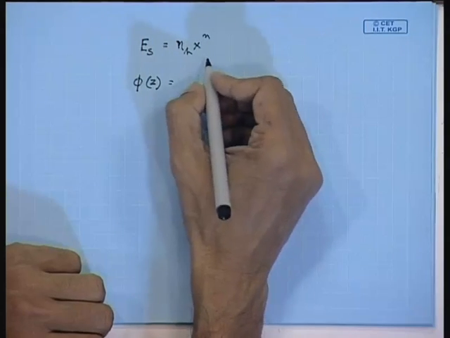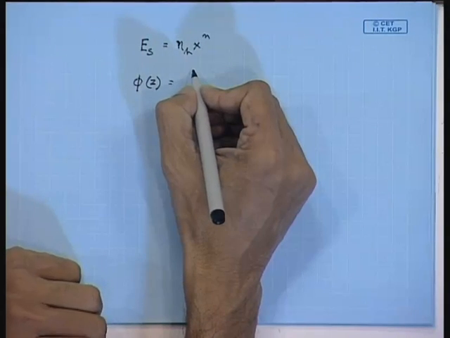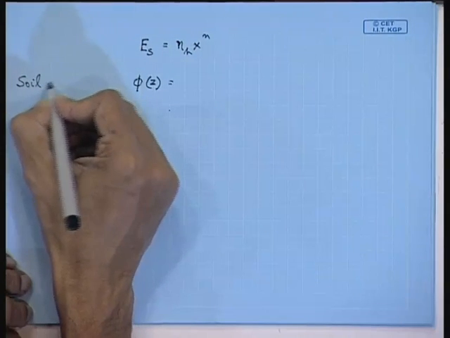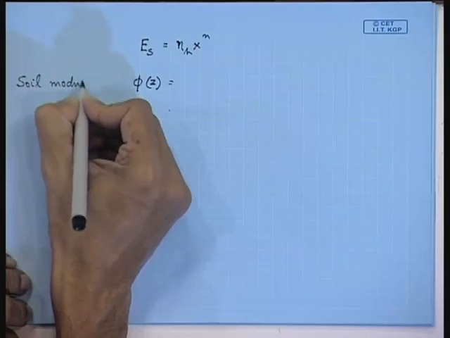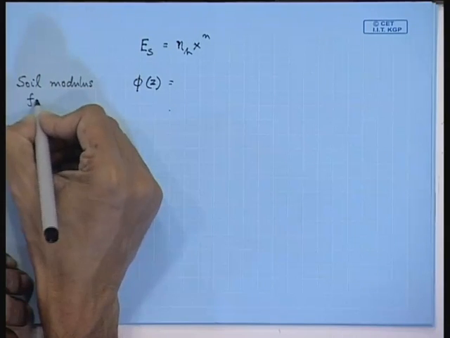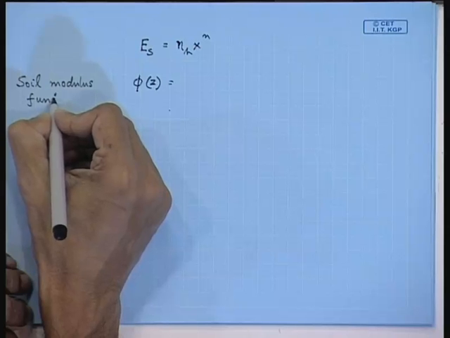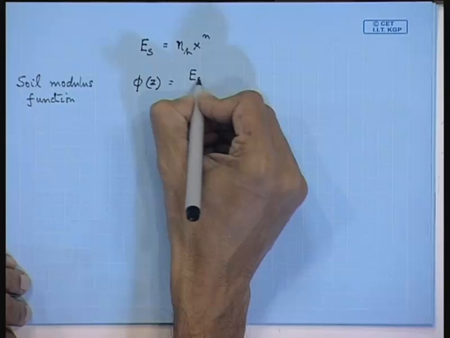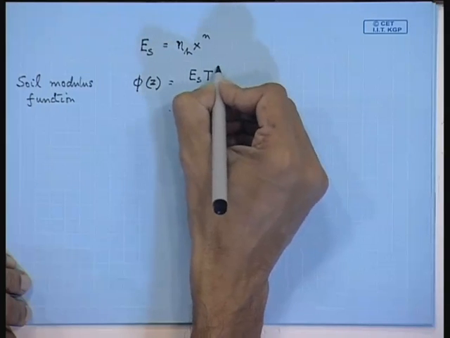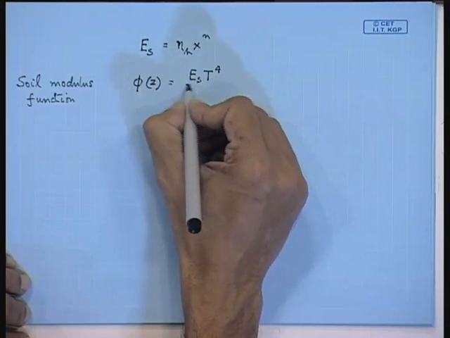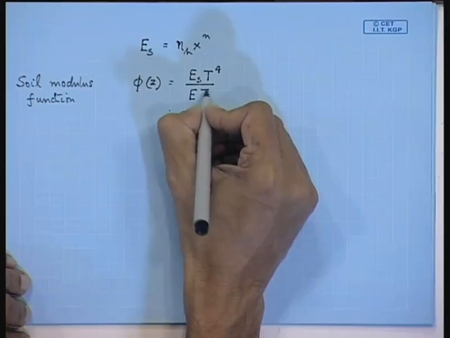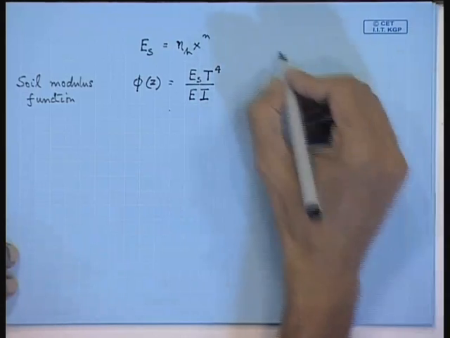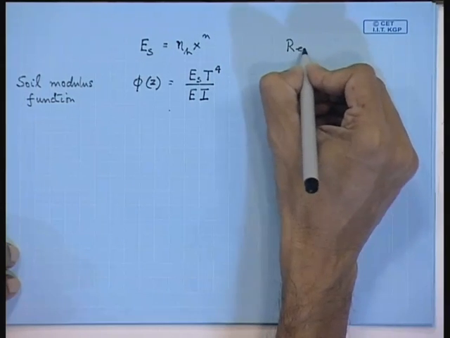Phi z has been defined as the soil modulus function. So, this is ES multiplied by T to the power 4 over EI. This work was done by two gentlemen called Reese and Matlock.